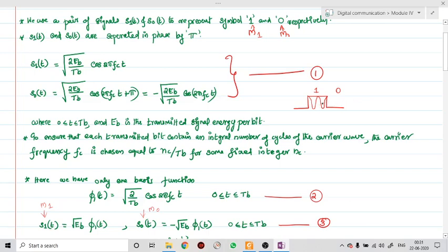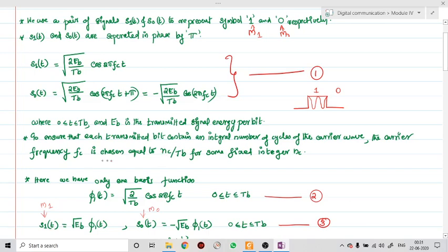Okay, but it should be an integer number of cycles, or integral number of cycles. It should not be like 1.5 cycles or 2.3 cycles. So to ensure this, that is, each bit duration contains an integral number of carrier wave cycles, I'll be choosing the carrier frequency like this.